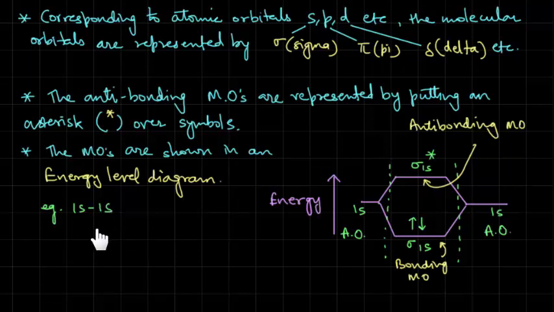Bonding orbital should have less energy and be more stable, and anti-bonding should have more energy. So this is the energy diagram for that 1s molecular orbital. It's represented like this. Along the y-axis is the energy. The higher something is, the more energy it has. So bonding will be lower, anti-bonding will be higher.